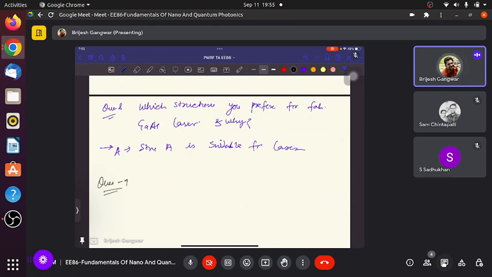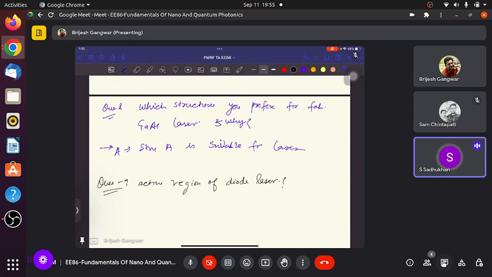Question 9 is, the active region of a diode laser is defined as. What is the active region of a diode? Active region of a diode means like the laser diode. Is it the gain medium or something like that?